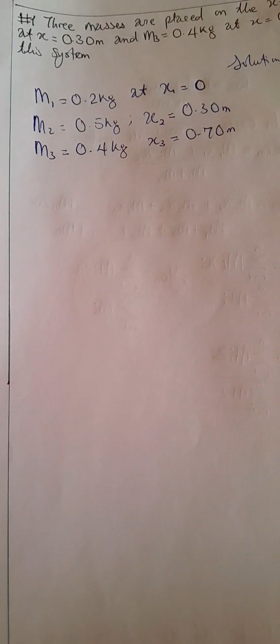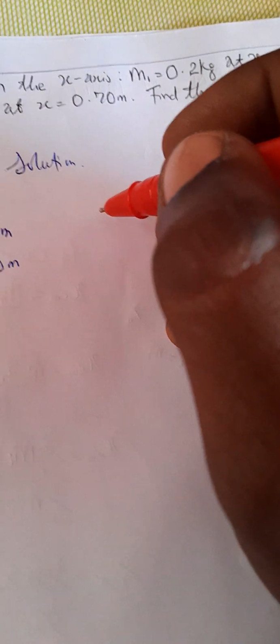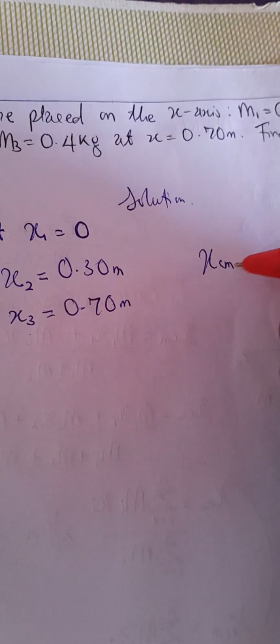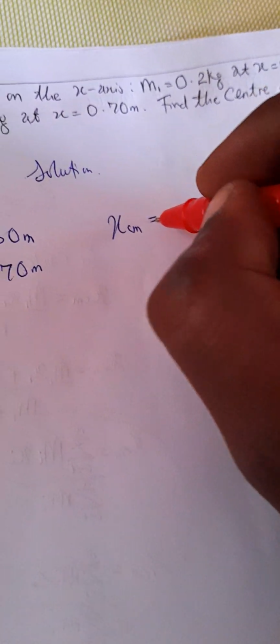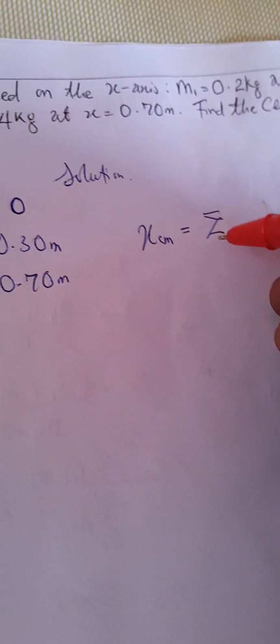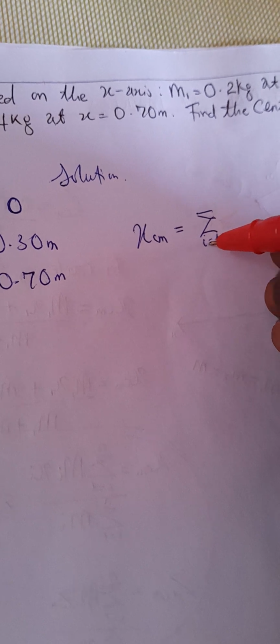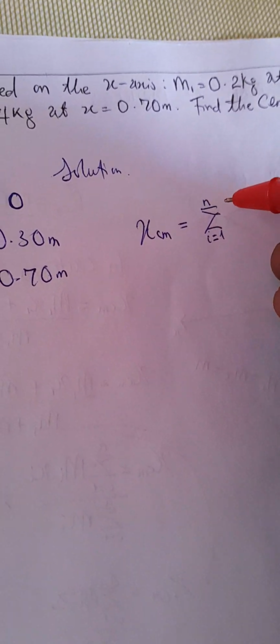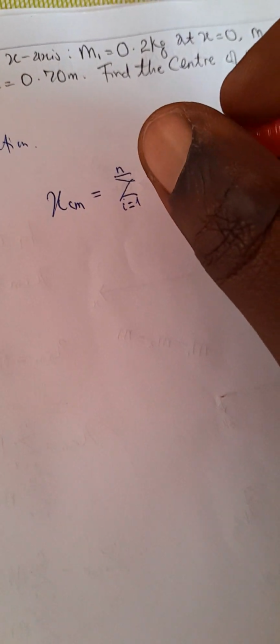Note that we're just talking about the x-axis, so we don't need the y and z axes. It's just a point. So now the general formula is xcm equals the summation from i equals 1 of xi mi over the summation from i equals 1 of mi. Now i is an integer, it can take any number from 1 to infinity.